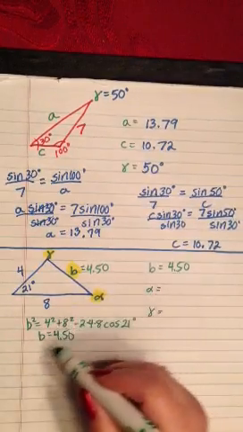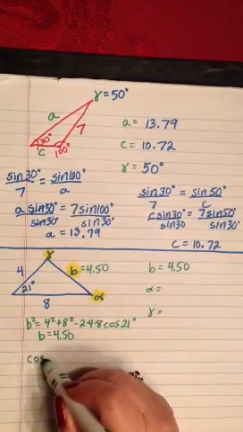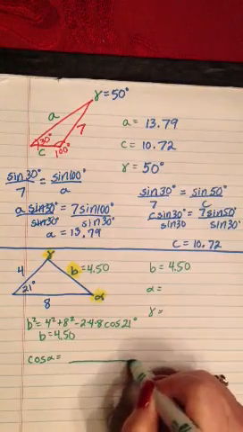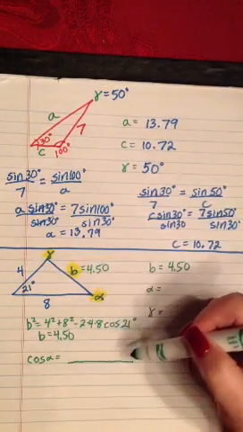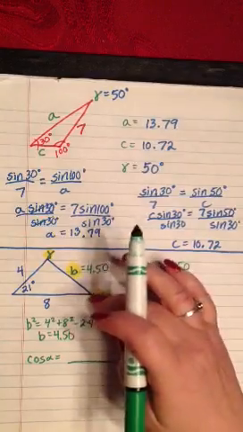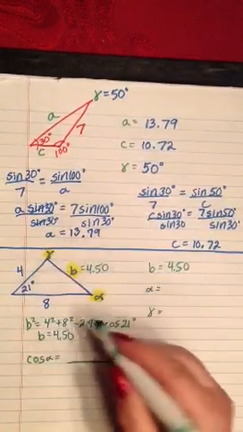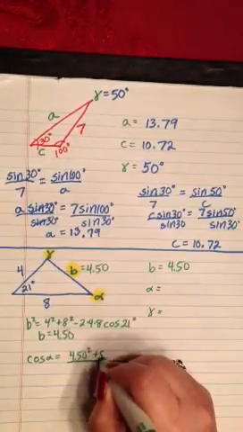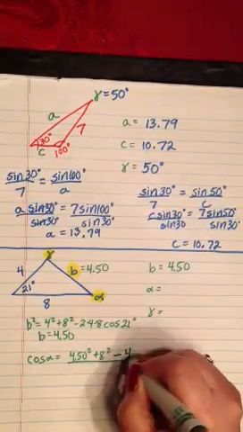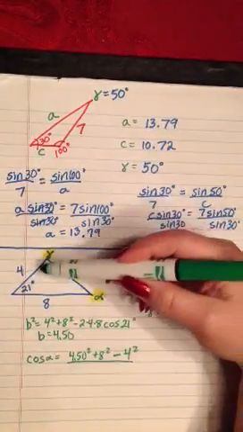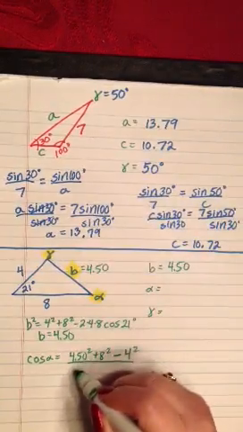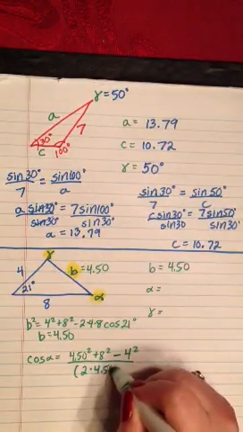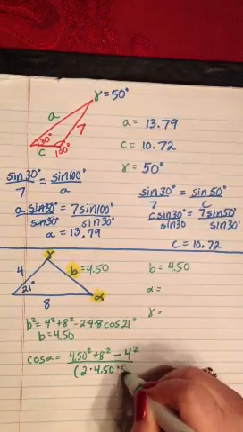So here's alpha. I could say the cosine of alpha is equal to, when you solve for the side, side, side formula of law of cosines, it's a fraction. So when I'm trying to find alpha, it'll be both of these sides squared, so 4.50 squared plus 8 squared minus 4 squared. It's always minus the side that's opposite the angle you're looking for. And that'll be divided by 2 times 4.50 times 8.